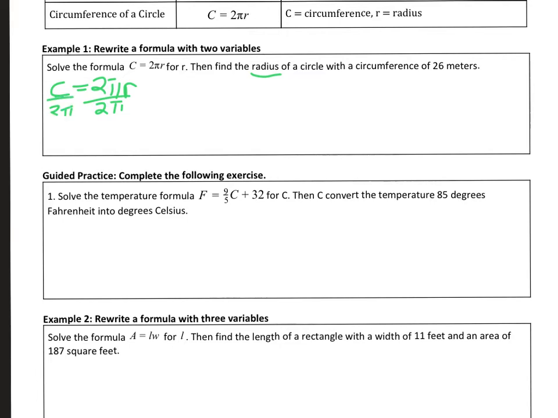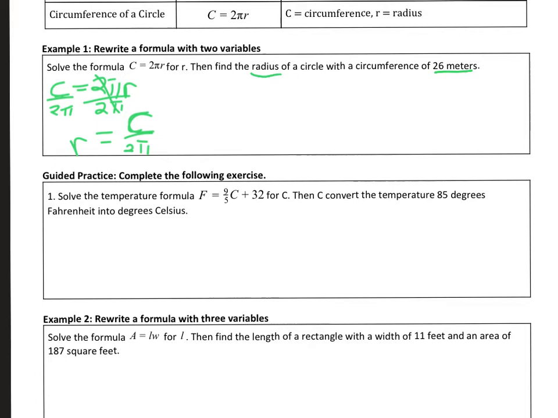I could have divided by 2 and then divided by pi, but since they're all being multiplied, it's more efficient to just divide by 2 pi right away. So this formula becomes radius equals circumference divided by 2 pi. This makes it much easier to solve when I know the circumference and I'm trying to find the radius.